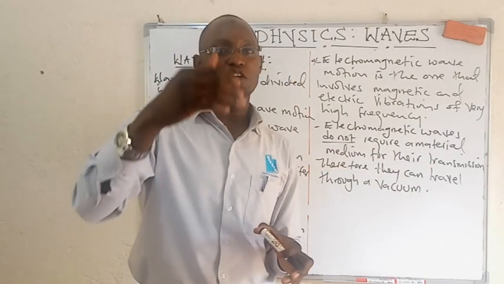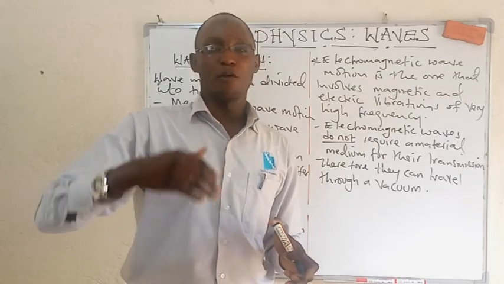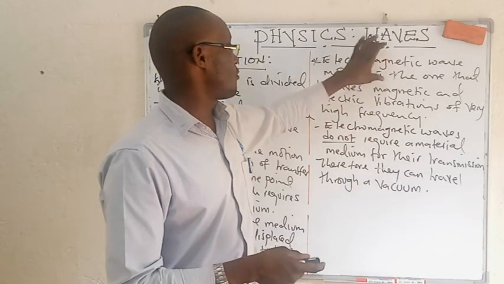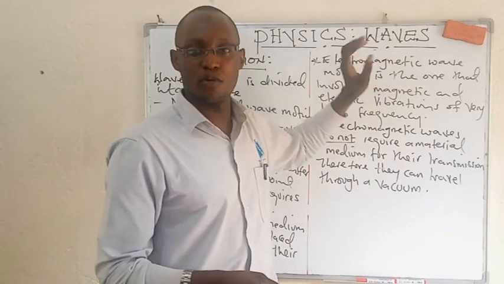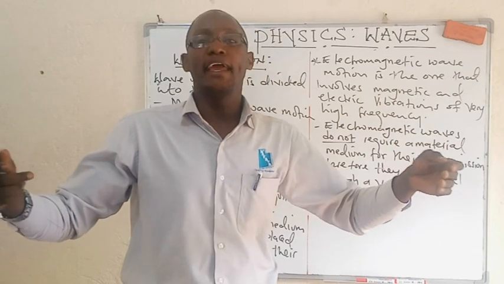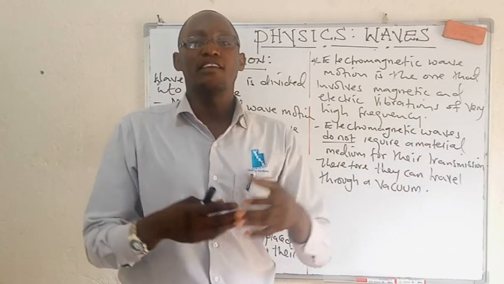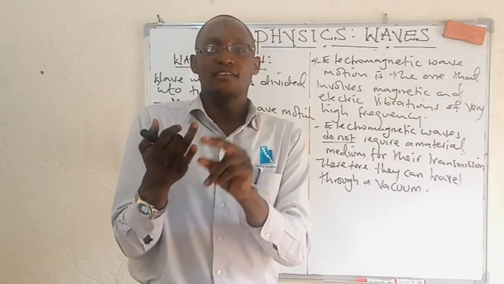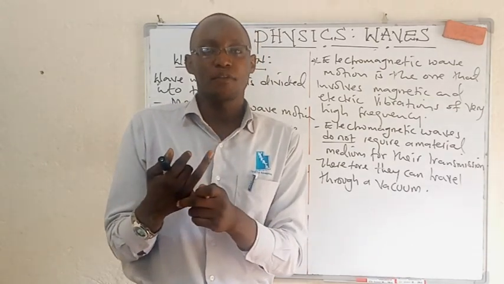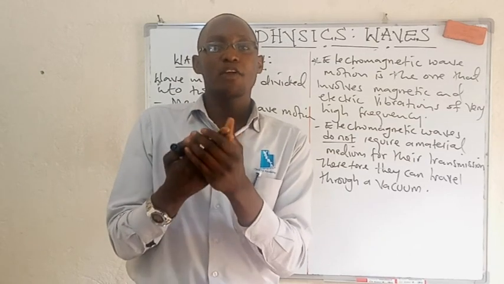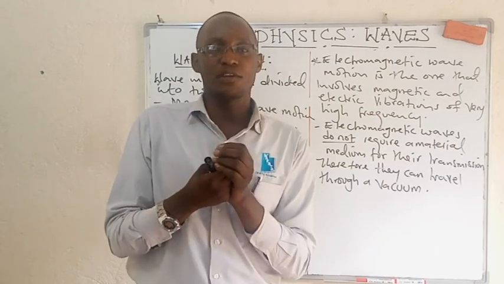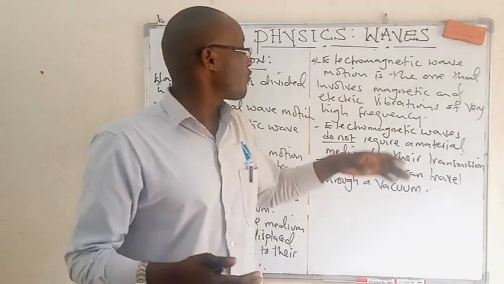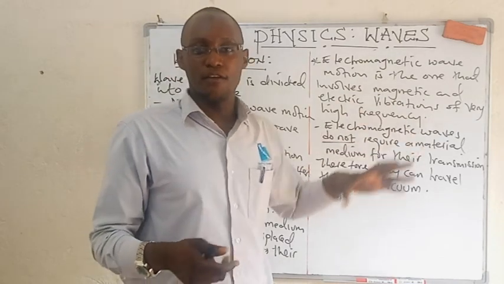For example, those who are watching me live right now, from where you are, it's just because of this method, the electromagnetic wave motion. We are going to talk about the electromagnetic spectrum. It is a combination of many waves. We shall see visible light is inside the electromagnetic spectrum. We shall see radio waves, microwaves, infrared radiations, ultraviolet, but all of them are of varying frequencies.